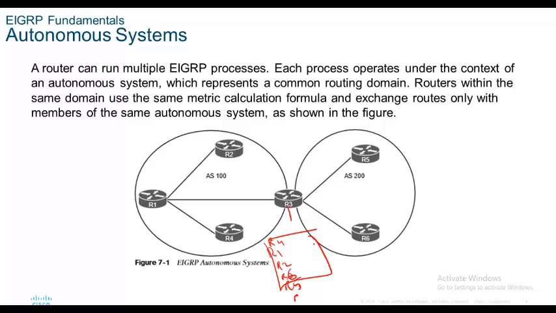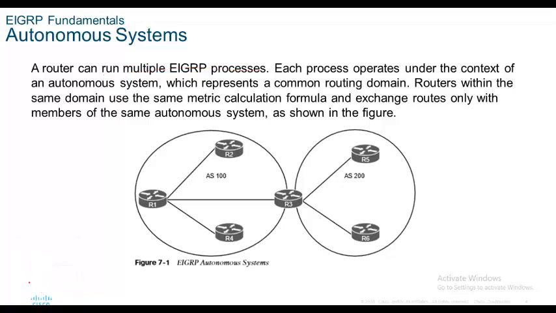So this picture teaches us that you can run multiple EIGRPs in a single router. Each EIGRP will be independent.